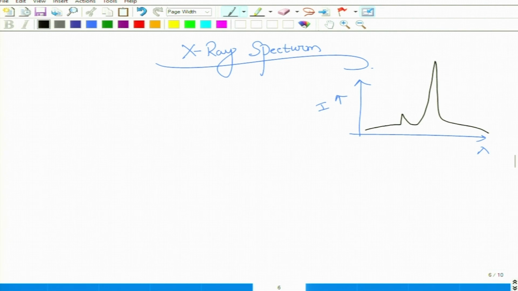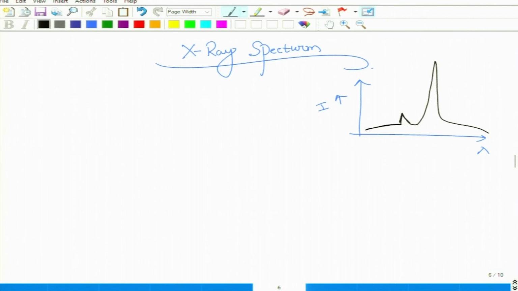Actually this spectrum was obtained in the experiment where the metal in the trajectory of the cathode ray was molybdenum. Molybdenum was considered and we obtained these two peaks. These were called the K beta and K alpha peaks. So this spectrum is actually a superimposition of two different spectra.